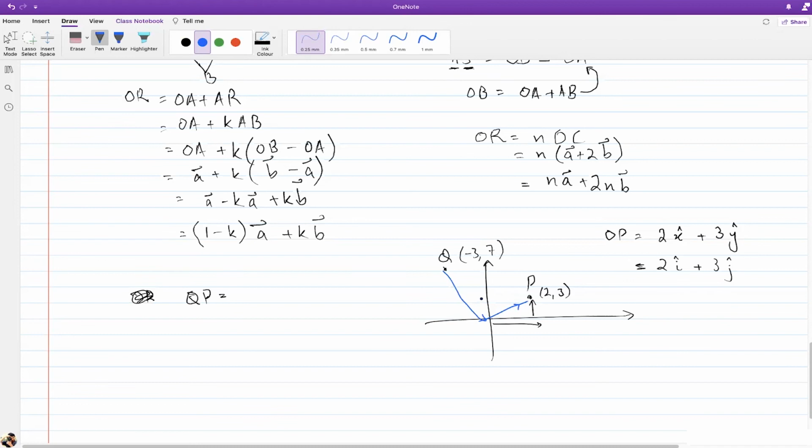So what is that? That's simply going from Q to O, which is nothing but the negative of the coordinates that we have, negative of -3 and 7, right? And OP is +2 and 3. क्या आपने 2 steps in X जाना है, 3 steps in Y जाना है?